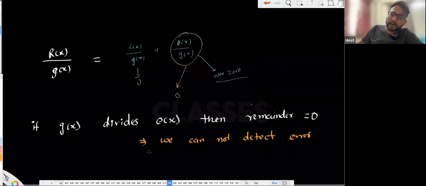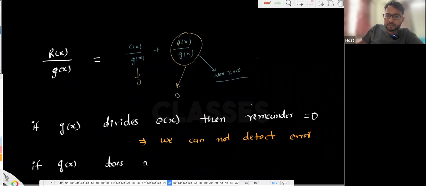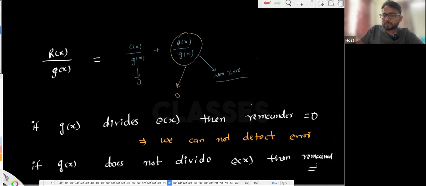If Gx does not divide Ex, then the remainder will not be 0. It means there is an error. We can detect error.